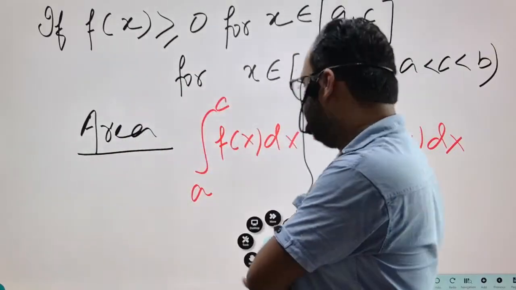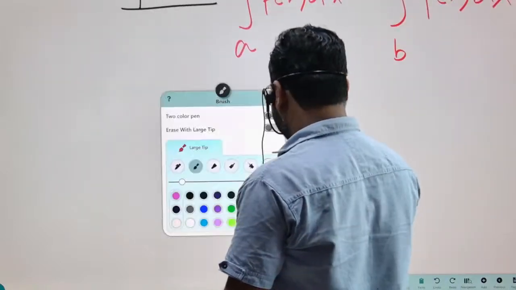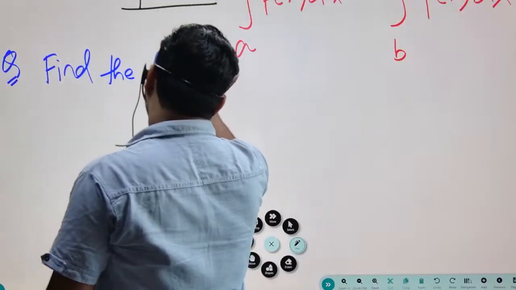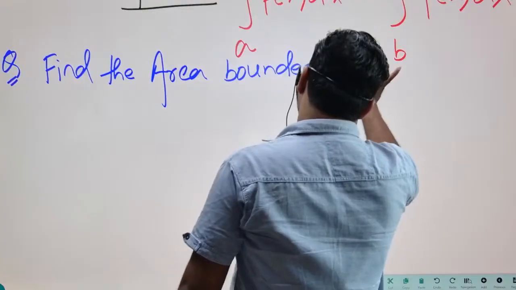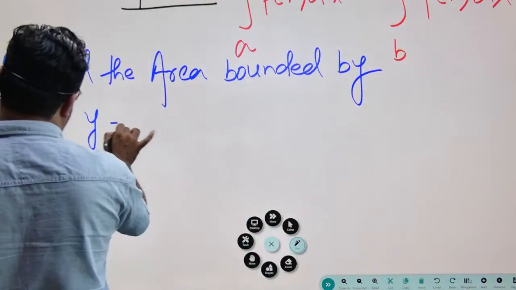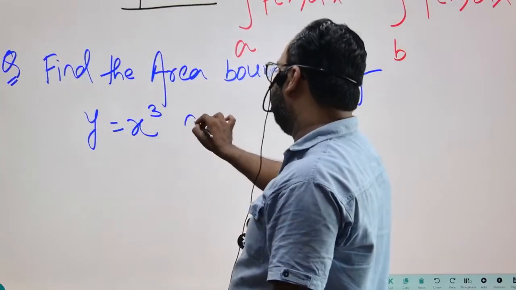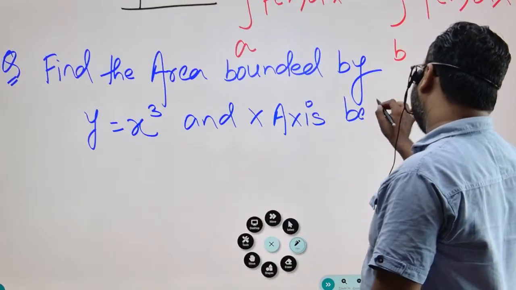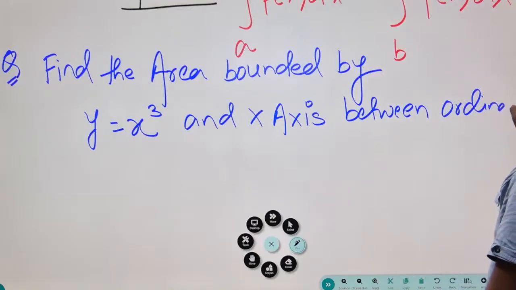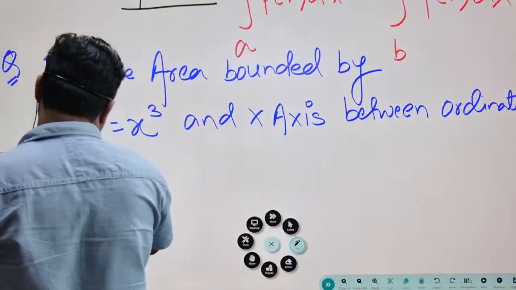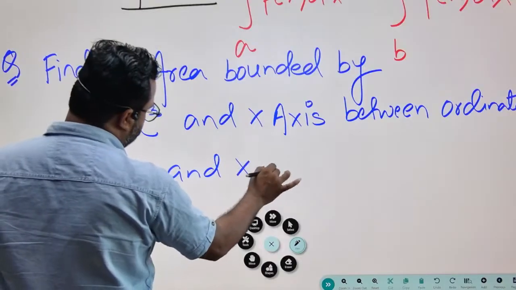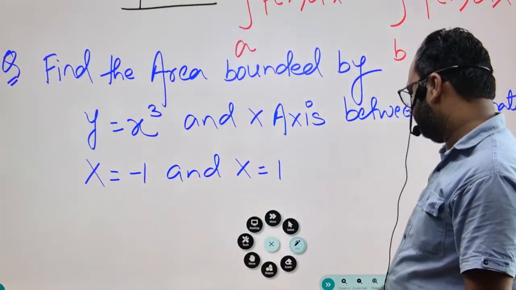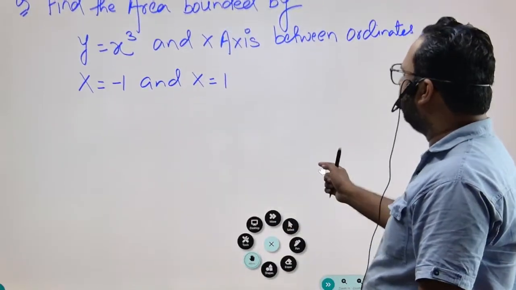Find the area bounded by y is equal to x cube and the x-axis, between ordinates x is equal to -1 and x is equal to +1.